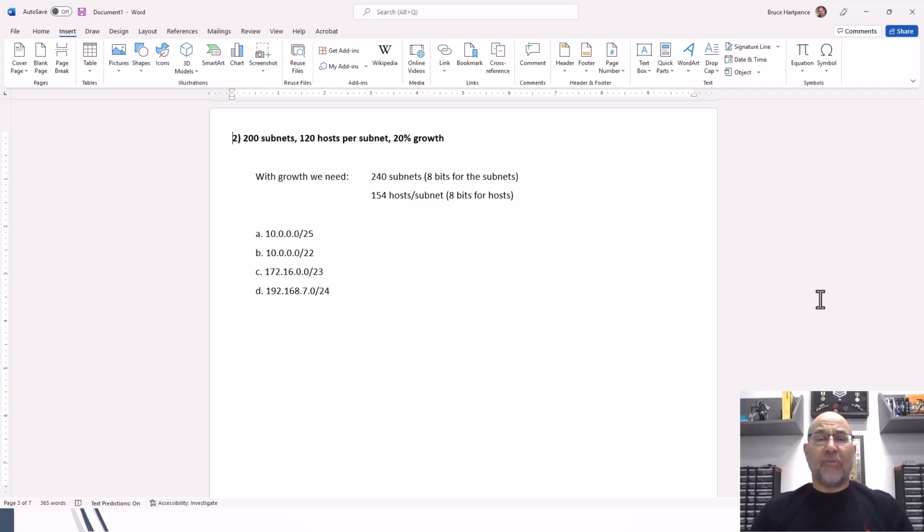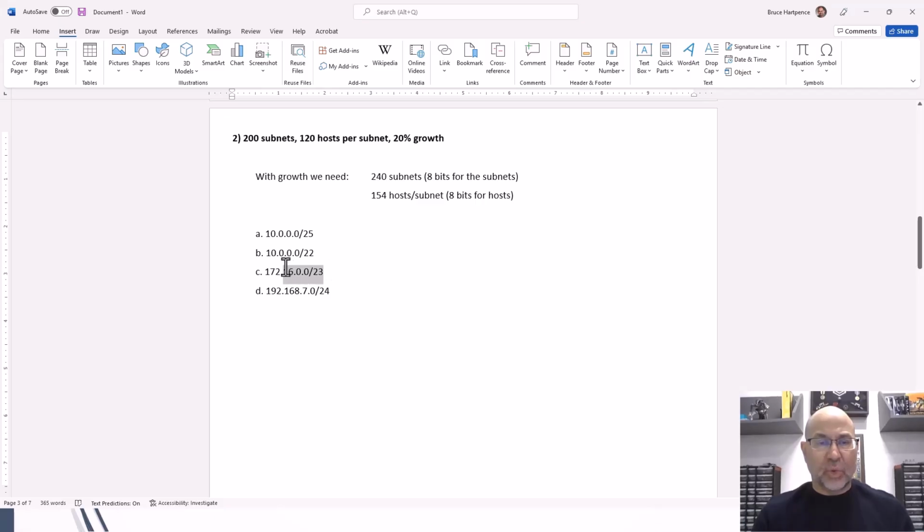Now for 154 hosts, if we started off with 120 and did 7 bits, that would be fine. But of course, our growth gives us 8 bits for hosts. So if we take a look at all of these answers, the /25 is actually only 7 bits for hosts, so that's not going to work.